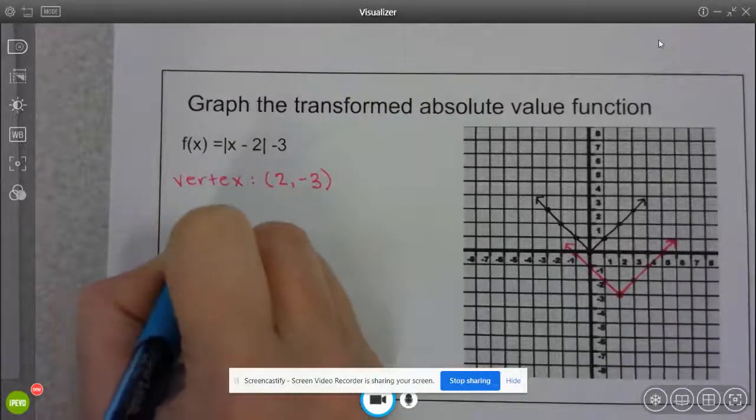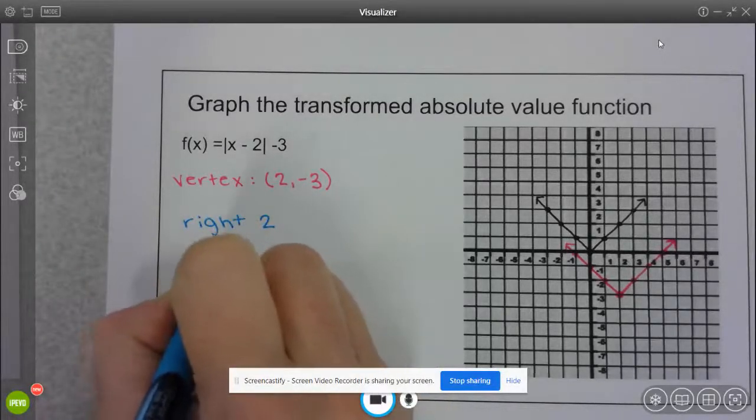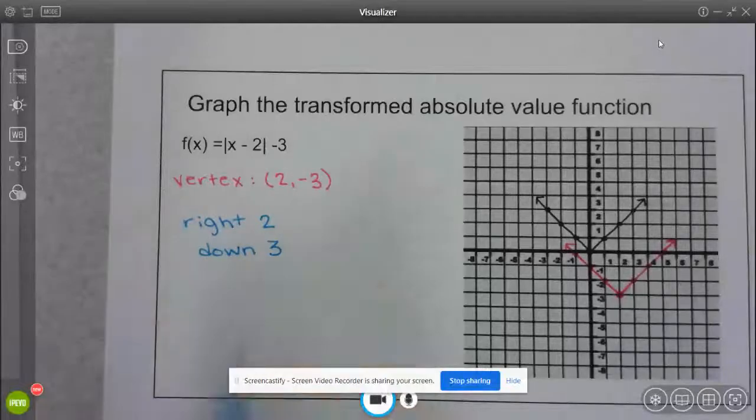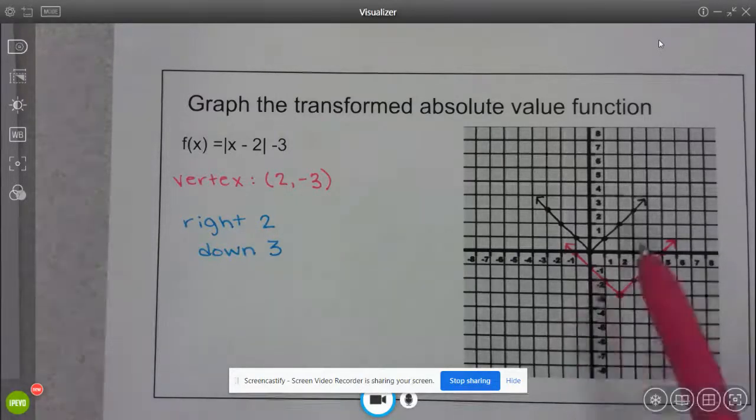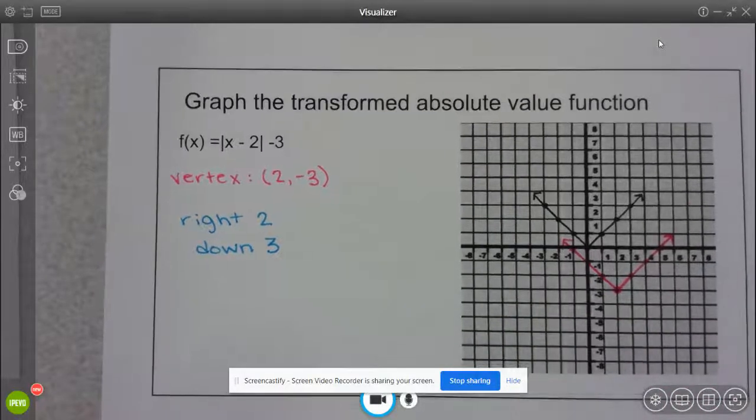So this went right 2 and down 3. So that's option 1 and option 2 in terms of graphing. Personally, I prefer not to do the extra work and do the transformation of every single point. That's a lot of extra effort.